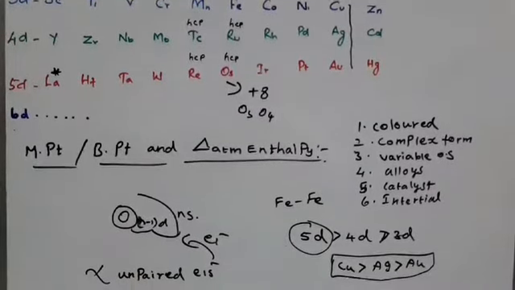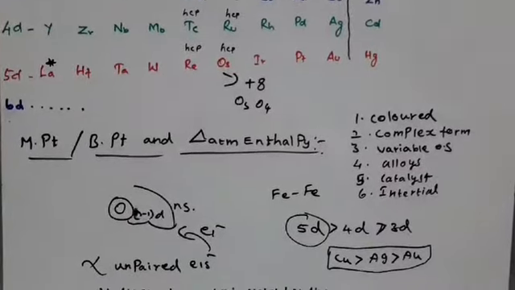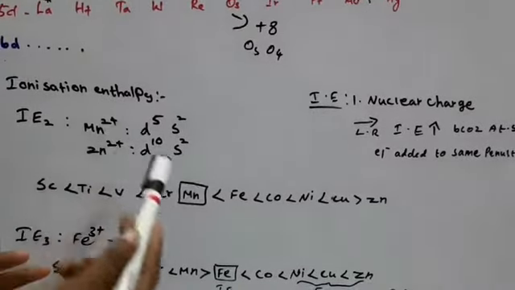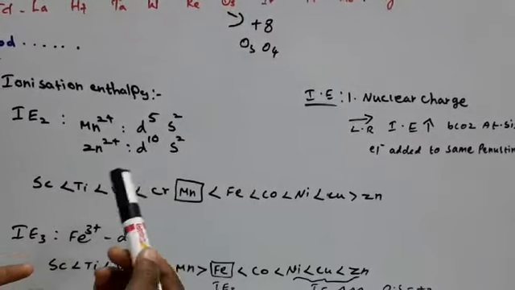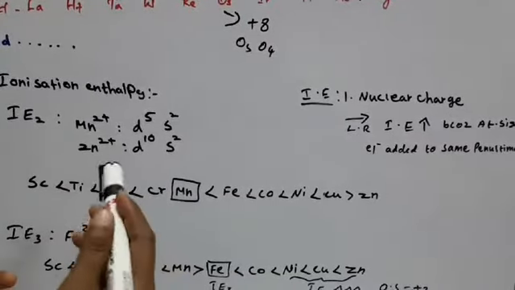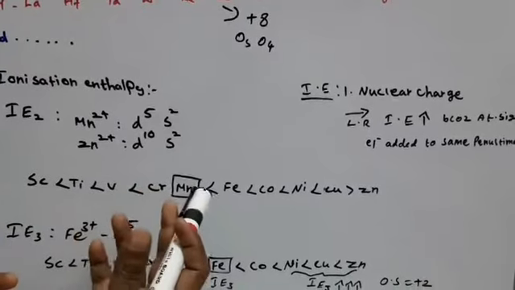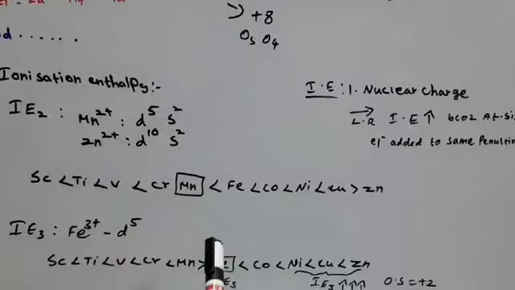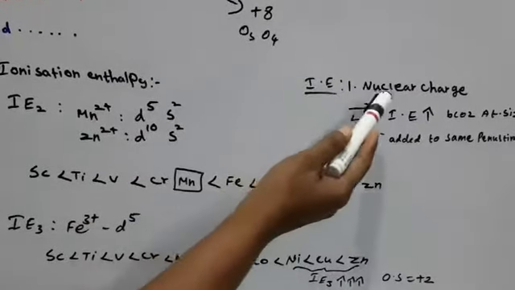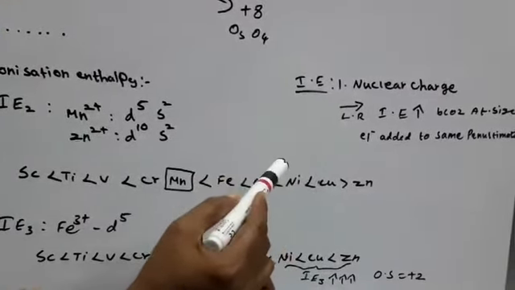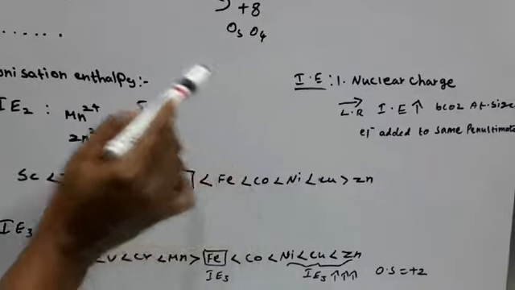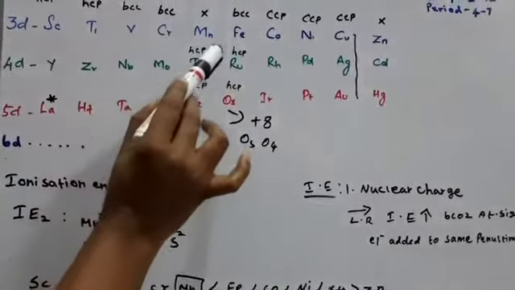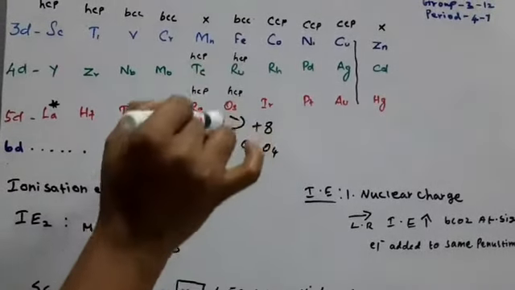Okay, after that, ionization enthalpy. Friends, next trend, ionization enthalpy. We very well know that ionization enthalpy is the energy required to remove one electron from the last valence shell. It depends upon effective nuclear charge. Usually from left to right ionization enthalpy increases because atomic size decreases.